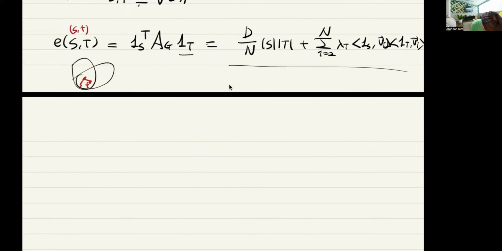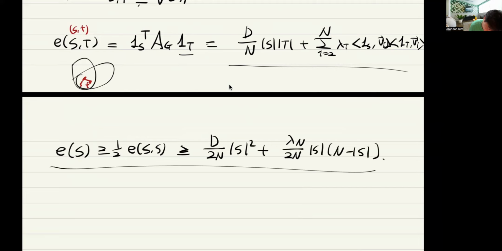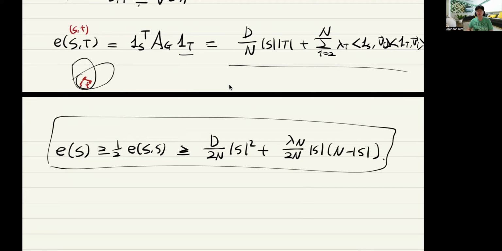Then we can show that the number of edges in F is at least a half times a certain quantity in terms of the size of F. So you can get a lower bound on the number of edges within such a set.